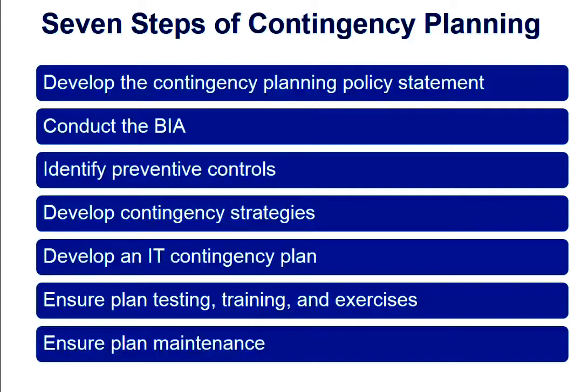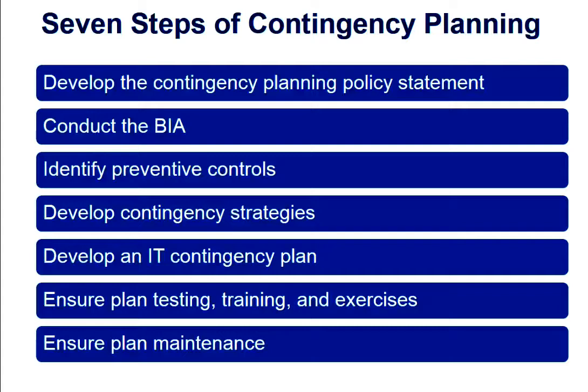Similarly, if you've already completed a risk assessment, you can use that data to help with the BIA, the business impact analysis. One of the first steps in a risk analysis is to identify the assets. This helps you identify the assets that are critical to the organization.